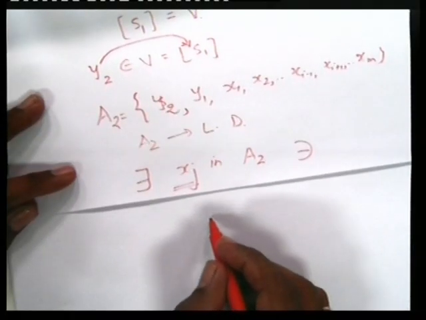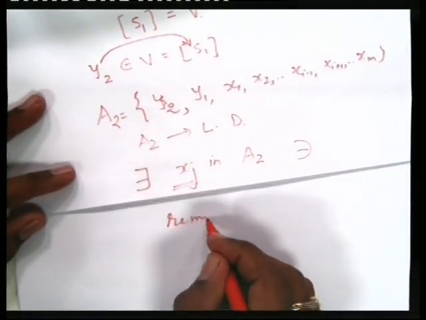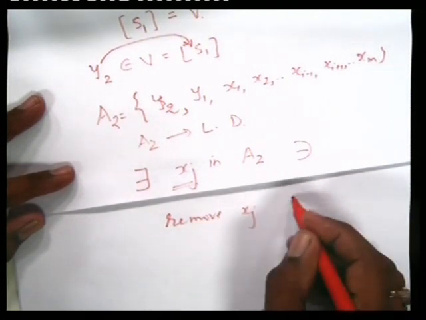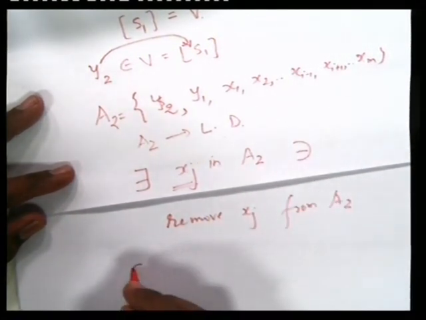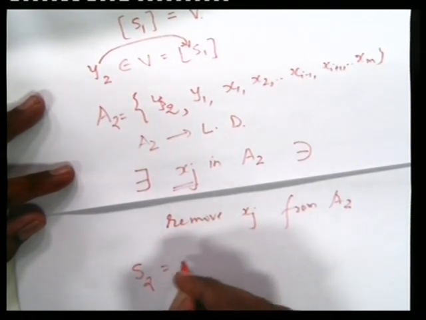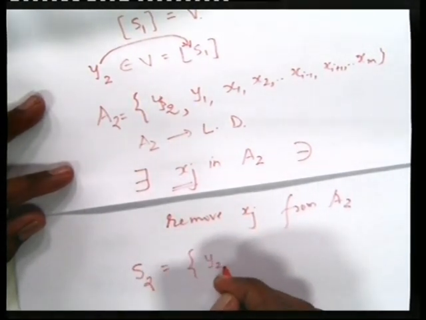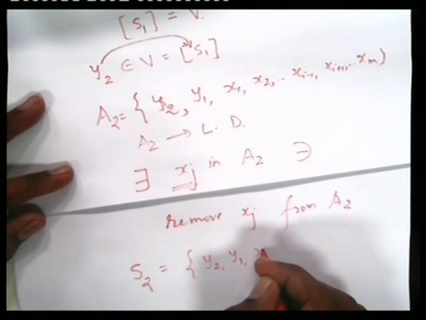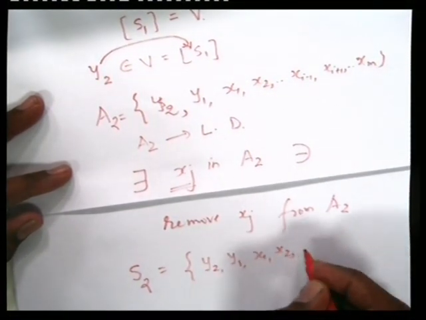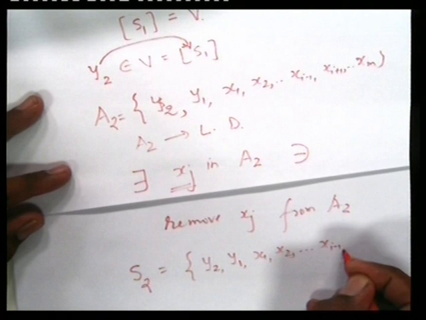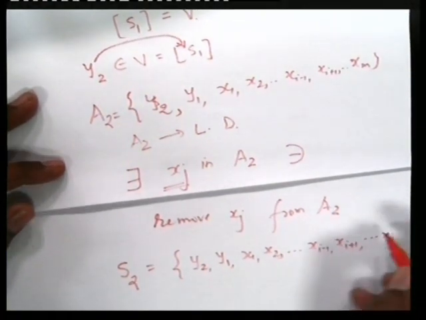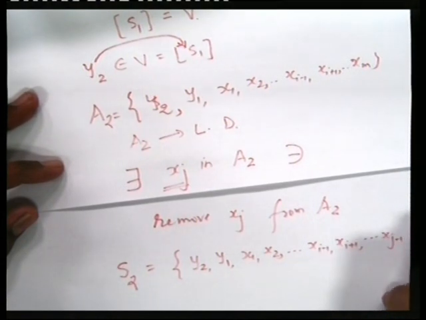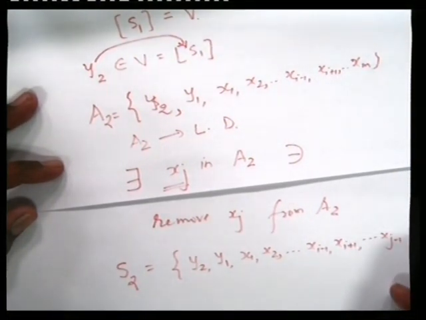And again, we can remove this xj from A2, and define a new set as S2, which is equal to y2, y1, x1, x2 up to xi minus 1, xi plus 1, xj minus 1, xj plus 1 and xm.